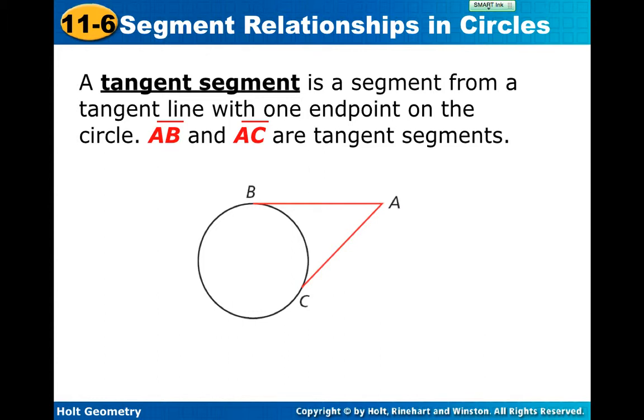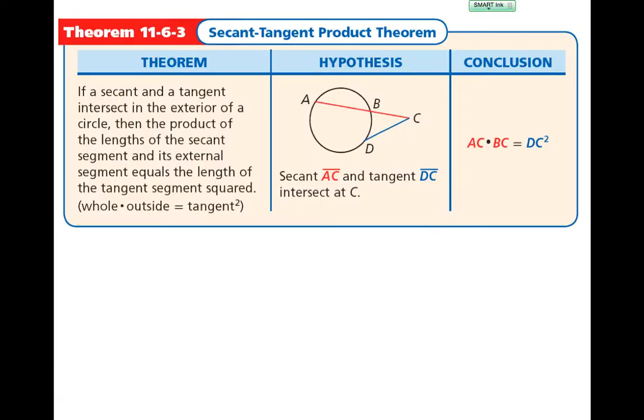The next theorem deals with a tangent segment and a secant segment. So it has one secant, one tangent, and my tangent doesn't look too good up there, so make yours go out far enough that it looks like a good tangent. Again, I had to white it out because it was going to hit the circle twice.